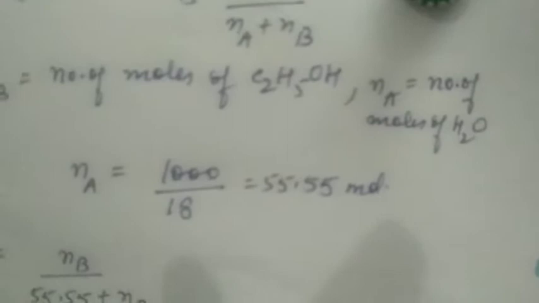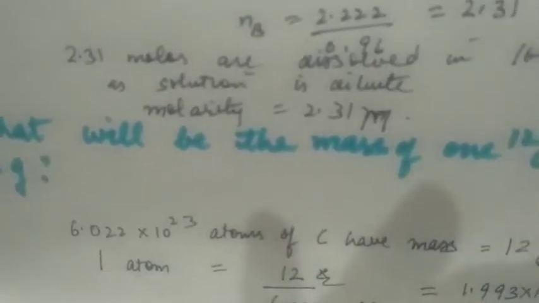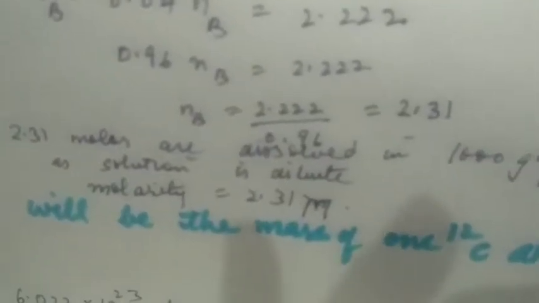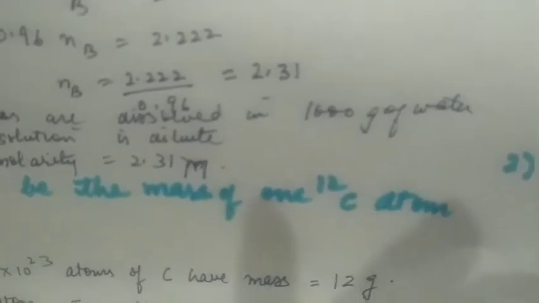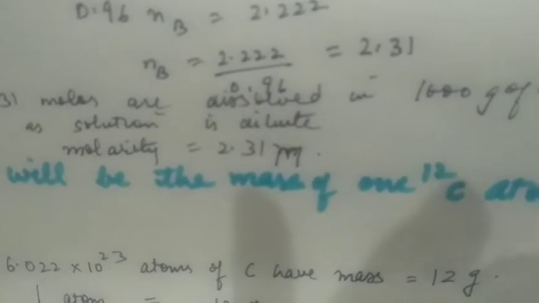So 0.04 is equal to NB upon number of moles of water plus NB. Now number of moles of water will be 1000 upon 18. This is the number of moles of solute will be 2.31. Now 2.31 moles are dissolved in 1000 grams of water. So molarity will be 2.31 molar.